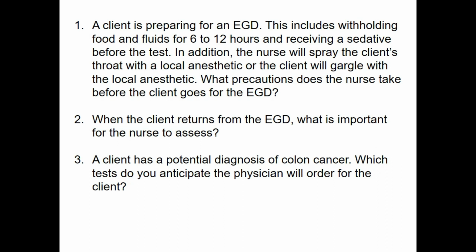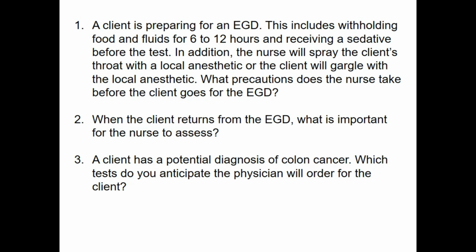Number 3, the client has a potential diagnosis of colon cancer. What tests do you anticipate the physician will order? Let's say they had a positive Hemoccult and they're at the doctor's office and they think they may have colon cancer. What tests might they order? The obvious, colonoscopy. What about a CEA and an AFP? Maybe some tumor markers.